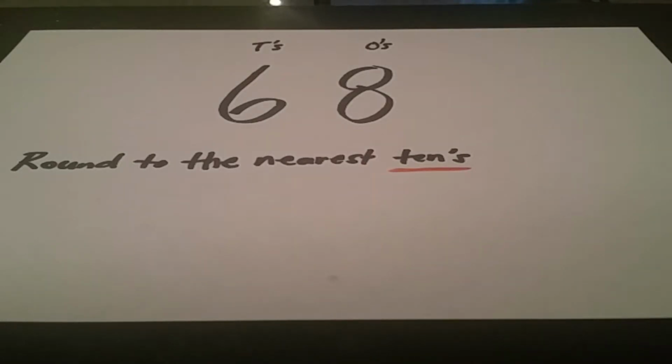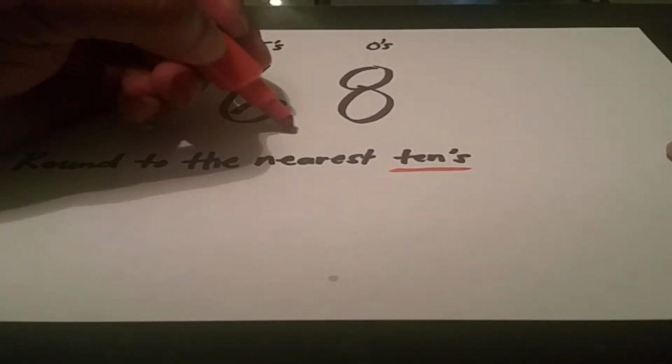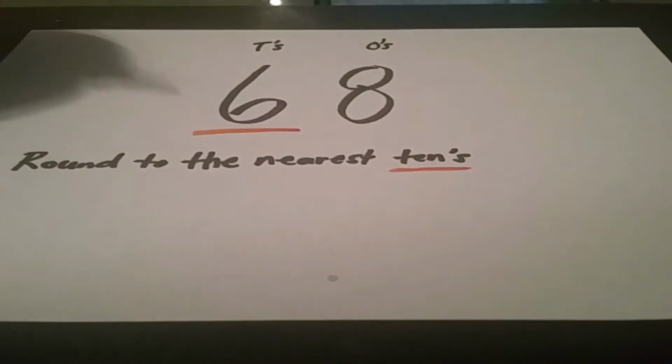So once I underline the tens place, then I'm going to go to my number and identify and underline the number that's in the tens place. So what number is in the tens place? Correct, the 6. So I'm going to underline the 6.